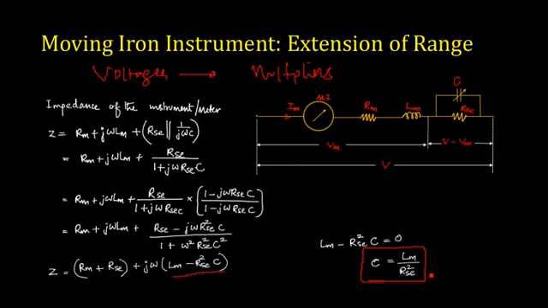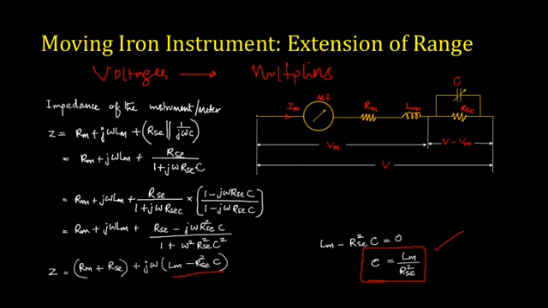Okay, so this is the criterion that you have to meet in order to make your meter independent of frequency once you are using it as a voltmeter by using multipliers.